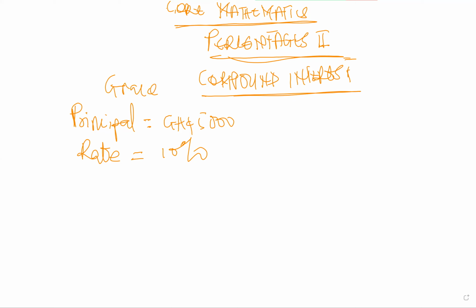Back to our narration. Grace has 5,000 cedis. Instead of keeping it in her susu box, she wants to earn some money, or in other words, some kind of profit on the money. She wants the money to grow. So she decides to take it to the bank. And when she took it to the bank, they said, hey, we are happy you are entrusting your money in our care.